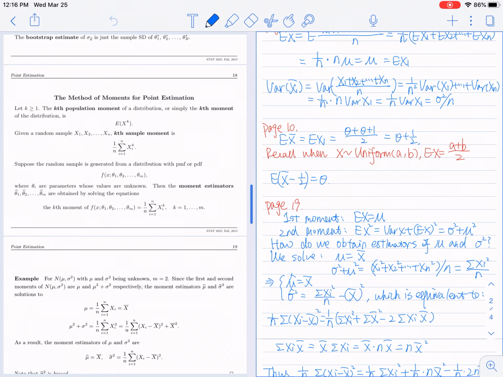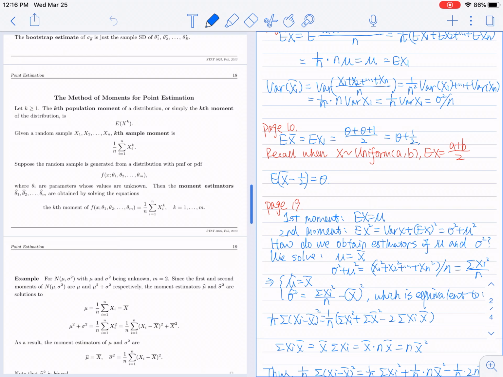Now let's talk about the method of moments for point estimation. So we know how to estimate mu, right? A good estimator, an unbiased estimator of mu is x bar. Now what if we want to estimate the expected value of x squared or the expected value of x cubed? So let's introduce some definitions first. The first definition is the kth population moment of a distribution.